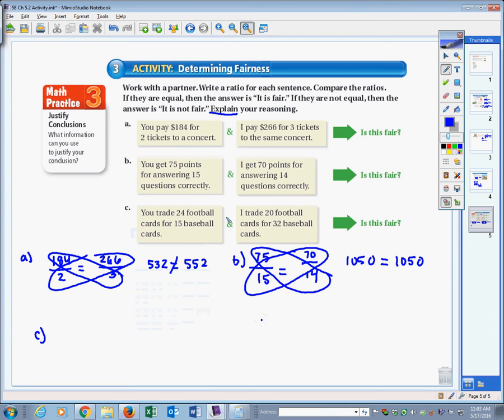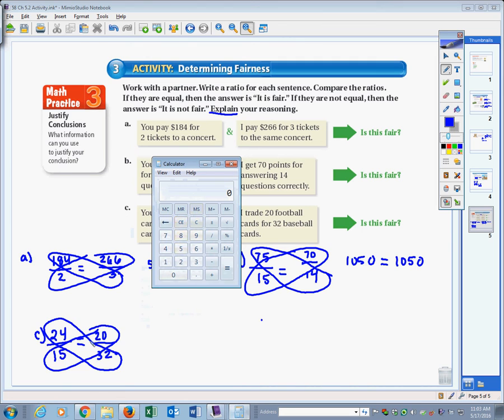Okay, let's look at C. The first situation, we're going to trade 24 football pictures for 15 baseball pictures. And in the second situation, we're going to trade 20 football pictures for 32 baseball pictures. So we're going to see if this is fair. Are they both getting a fair deal? So we'll take our cross products and multiply.